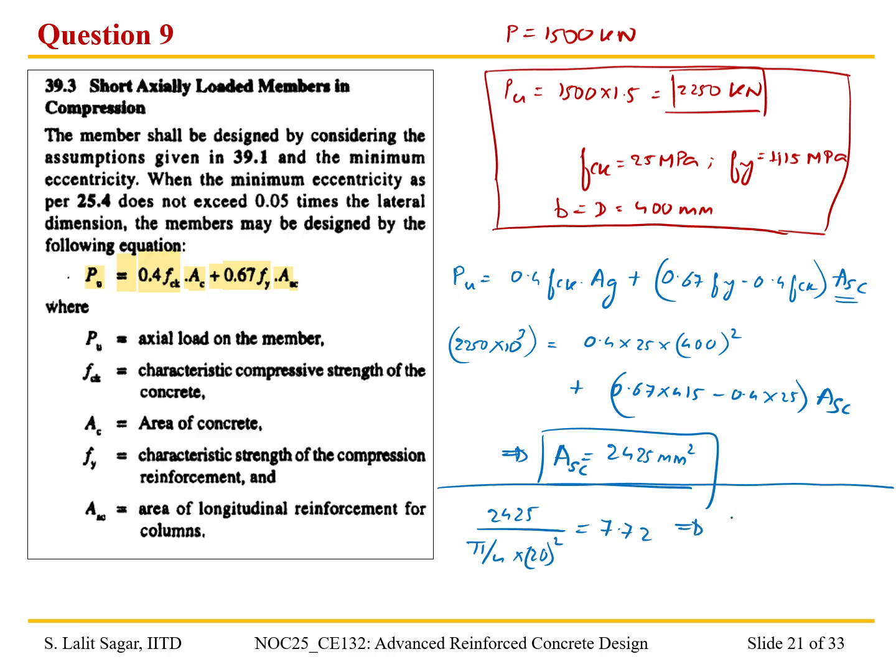So provide 8 of 20 dia Fe 415 longitudinal rebars. Okay, that is the answer.